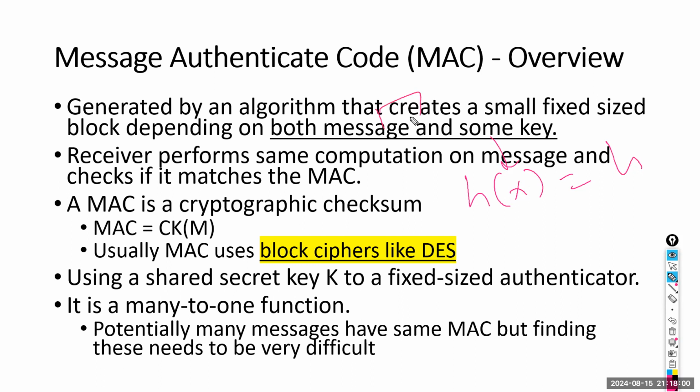Of course, you can chain it and so on, but still your hash value depends on the content only. But if it is MAC, we have two inputs. That is the content and key. So your final digest depends on both message and a key. If it depends on both message and key, then it's not a hash, it's a MAC.